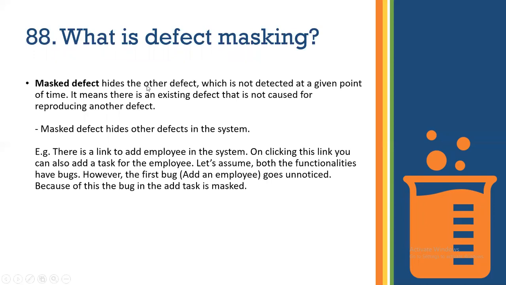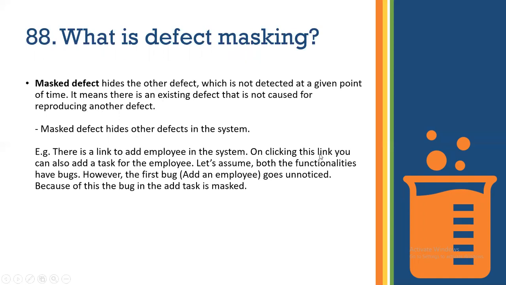A masked defect hides another defect which is not detected at a given point of time. It means there is an existing defect that is preventing another defect from being reproduced. Example: there is a link to add an employee in the system.